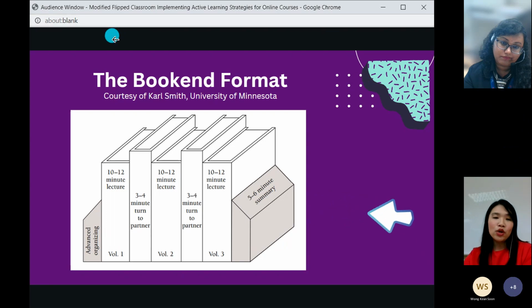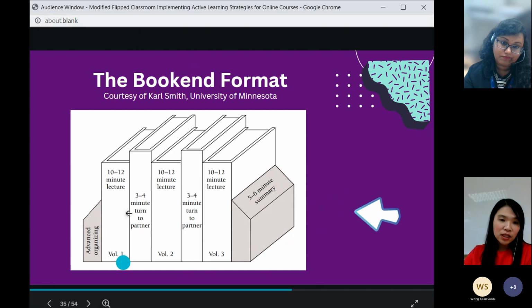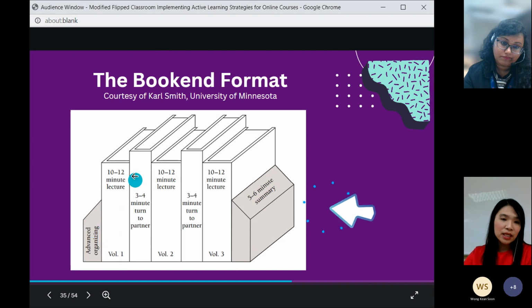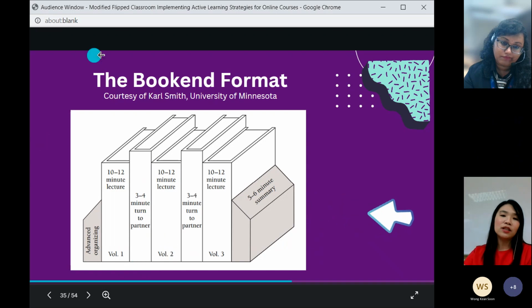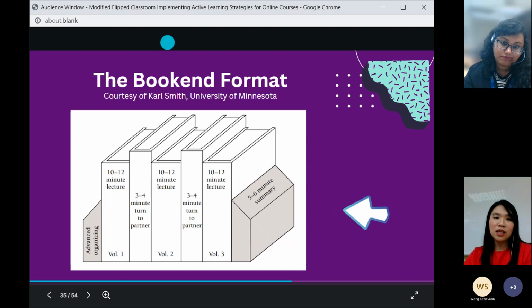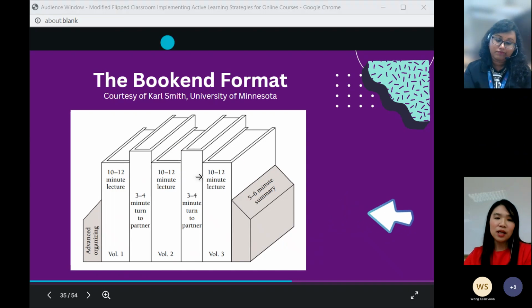As you can see in the picture here, on the left hand side, it says advanced organizing, followed by lecture, and then you can see a 3 to 4 minute turn to partner, then followed by lecture again, then turn to partner again, then lecture, finally the summary. So what is this advanced organizing?